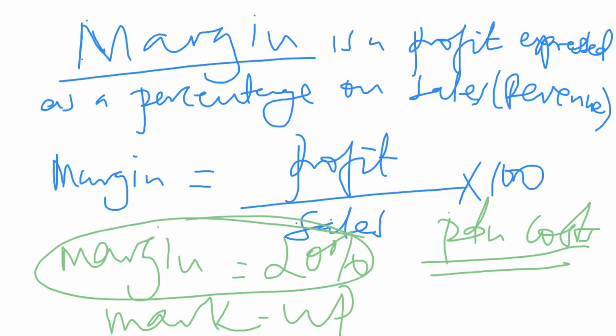But if it is indirect, instead of giving you the markup, they have given you the margin. So when it is indirect, we need to learn how to convert from either side.